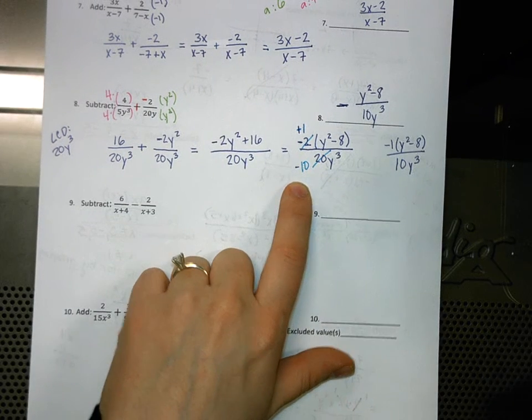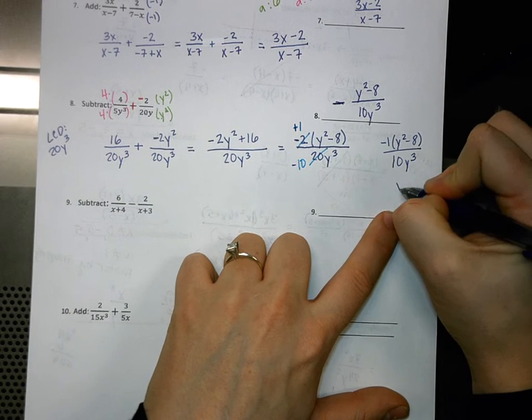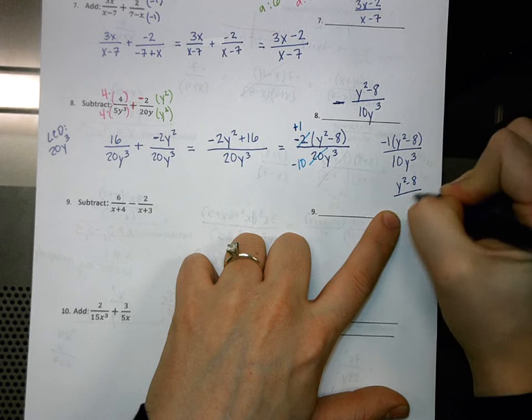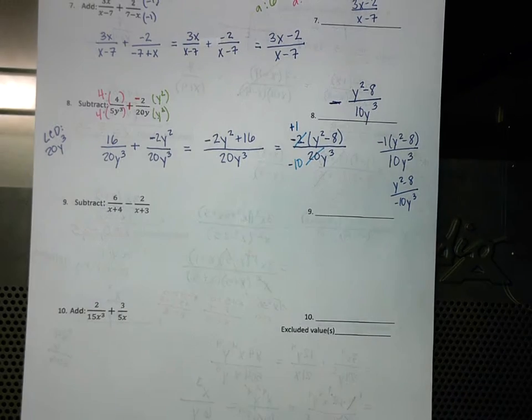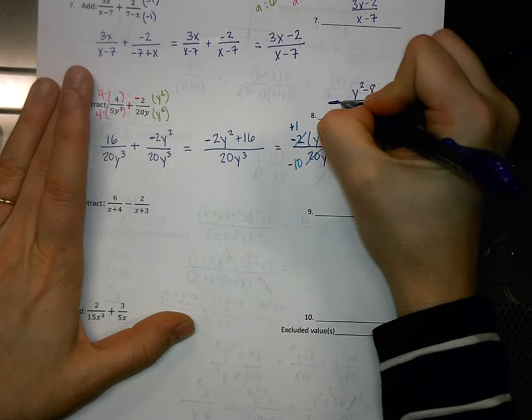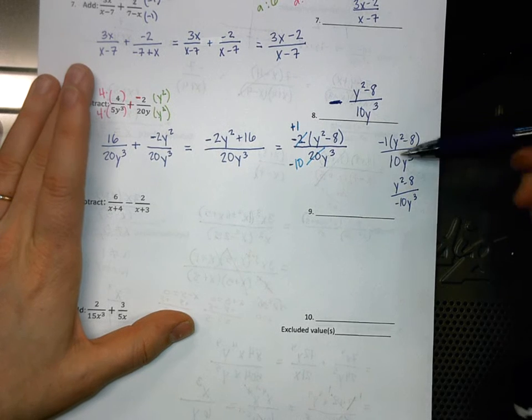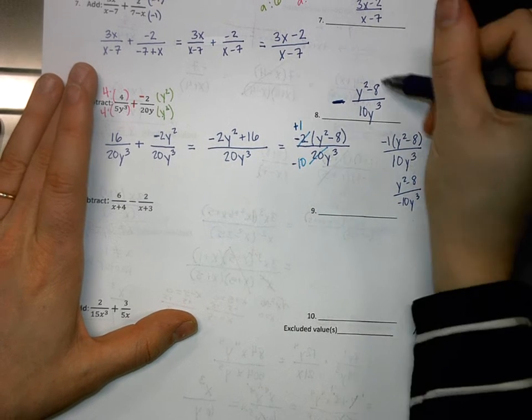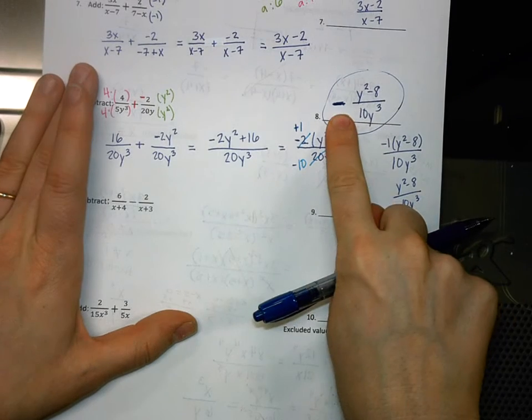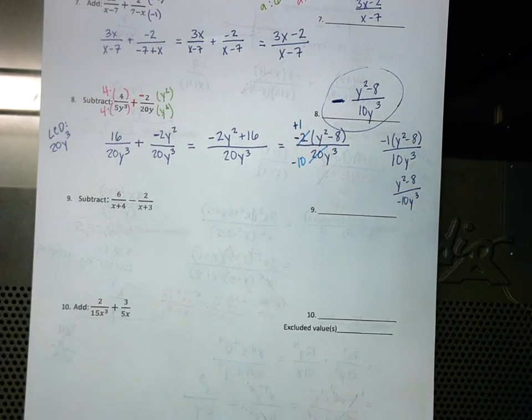So that would be y squared minus 8 over negative 10y cubed. These are all equivalent expressions. Most of the time, if your solution is going to be negative in your numerator or denominator, you'll see it written out in front of your entire fraction instead of just in the numerator or just in the denominator.